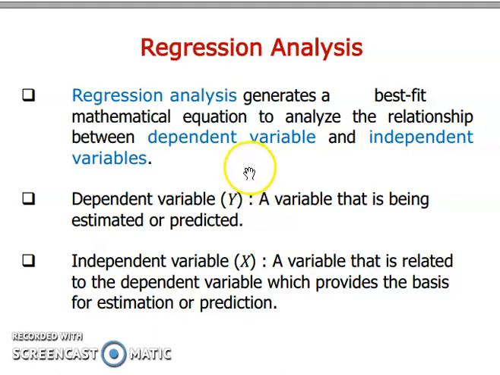Now we are defining dependent variable and also independent variable. So dependent variable, usually we denote by the letter y, is a variable that is being estimated or predicted. Independent variable, usually we denote by the letter x, is a variable that is related to dependent variable which provides the basis for estimation or prediction.